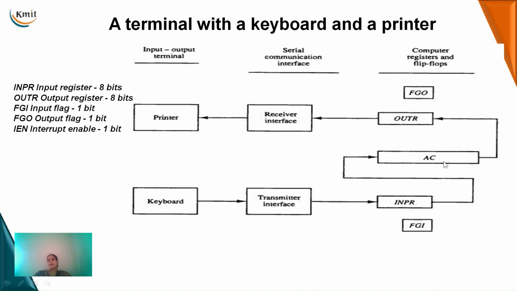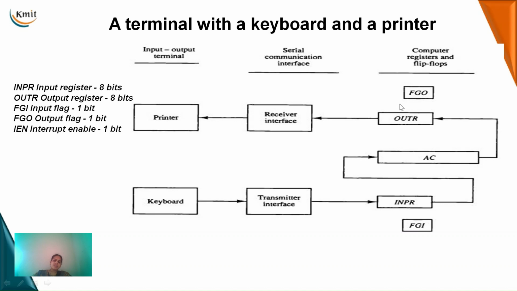The accumulator will transfer 8 bits of information into the output register, and it sets the FGO flag to 0. If the FGO flag is set to 0, it means there is information available in the output register.